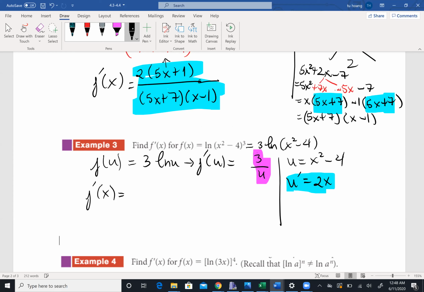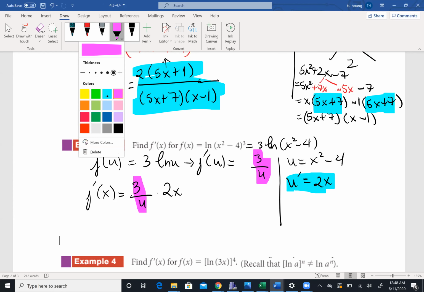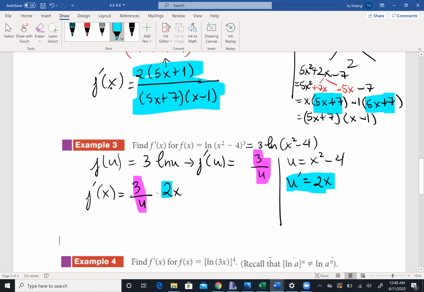So the outside function is 3 over u, multiplied by the inside function, which is 2x. So this one and this one.